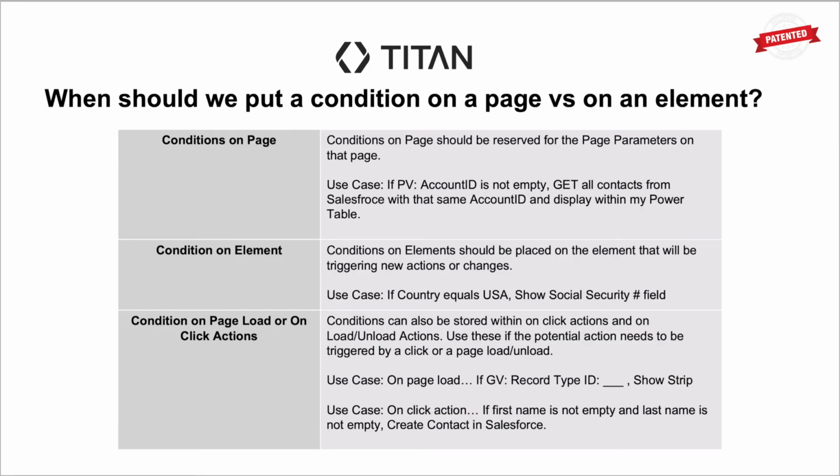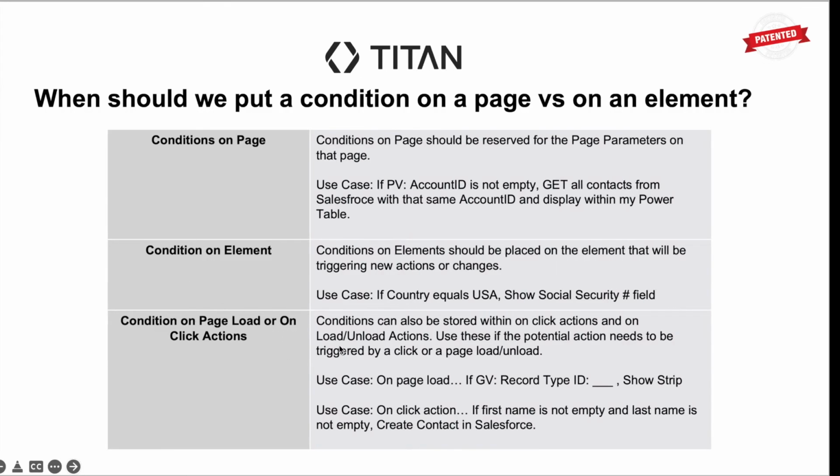So whenever the page loads, if the record type ID is such and such, then I want to show this certain strip. Or when they click a button, if the field is not empty, so if they have information typed into the first and last name field, then we can create a contact in Salesforce. So let me show you these 3 types of conditions that you can put on the page element or a page load or on click actions.